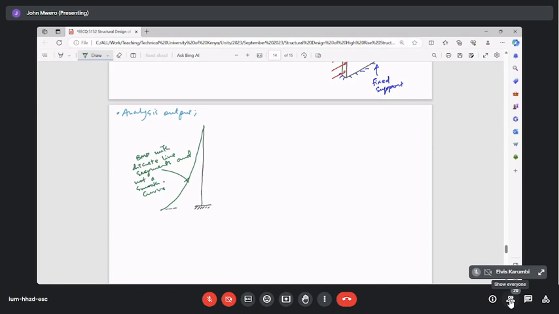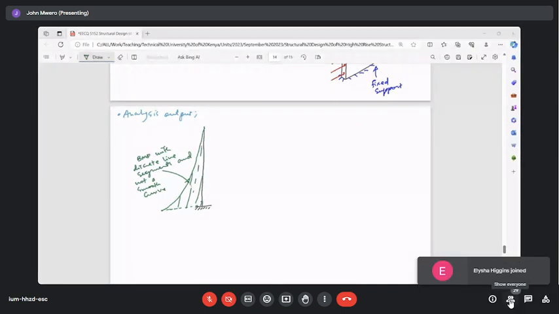Again, this is just analysis of structures from your earlier units. You have a cantilever with point loads, and you get discrete line segments from there.